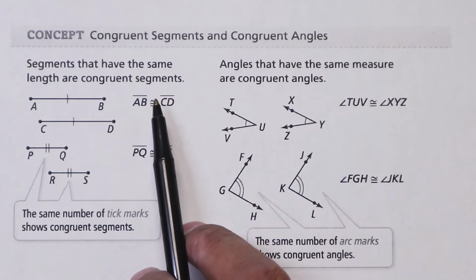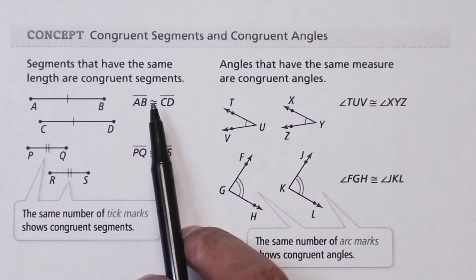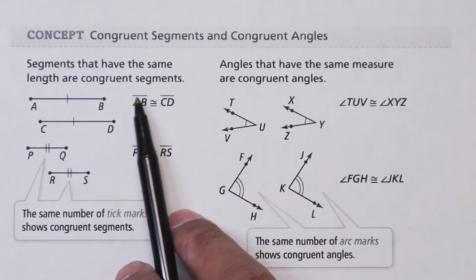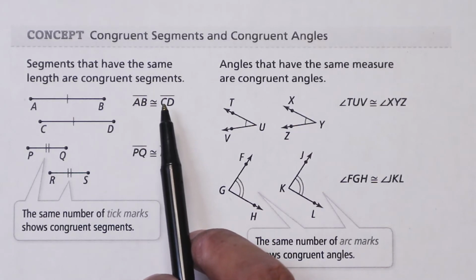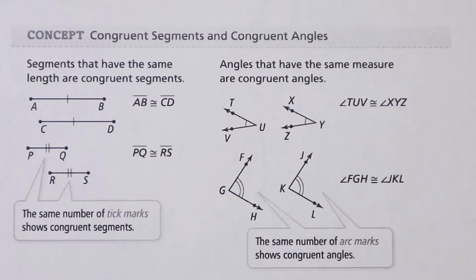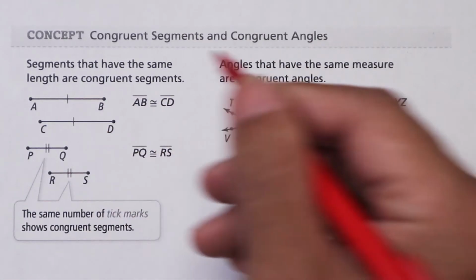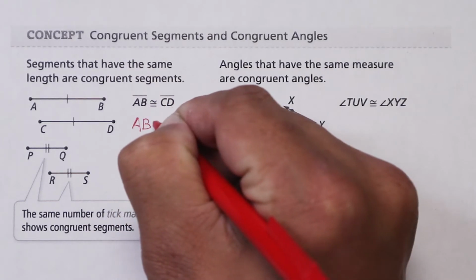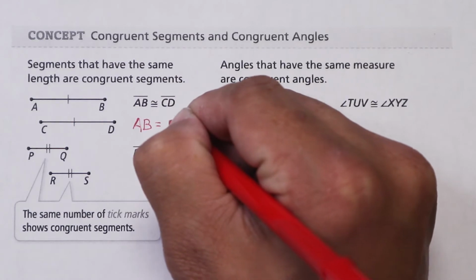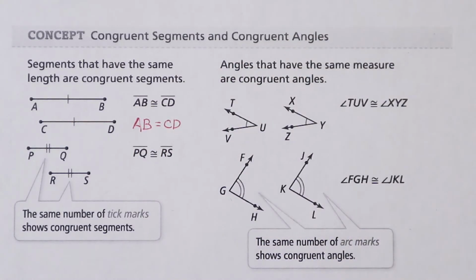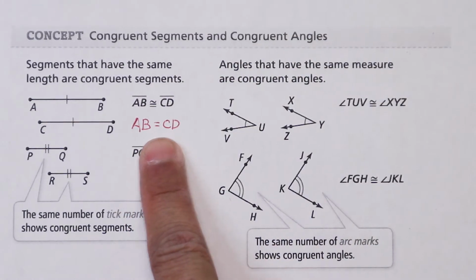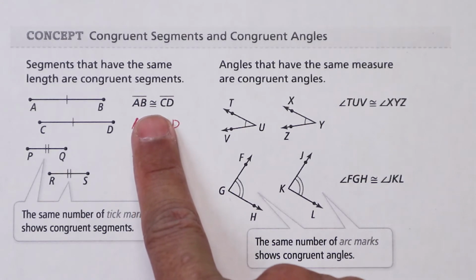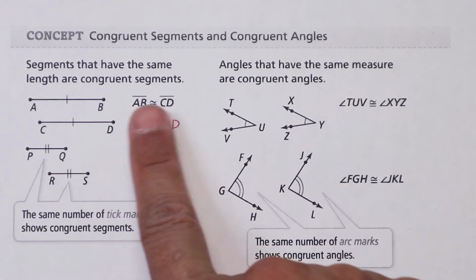Now, be careful, you don't use the equal sign here, you use congruent, because here we're talking about the segment itself. Now, when do we use the equal sign? Well, we use the equal sign when you don't use the segment symbol. You're going to say the length of AB is equal to the length of CD, right? So if you use the equal sign, you should not have the segment symbol on the top. But if you use the congruent sign, then you should have the segment symbol on the top.